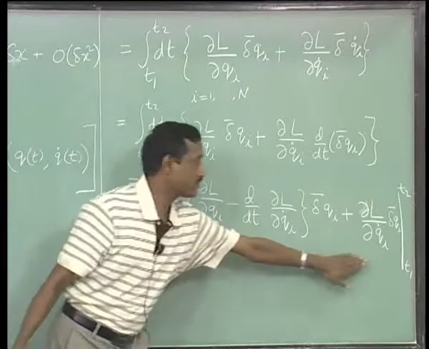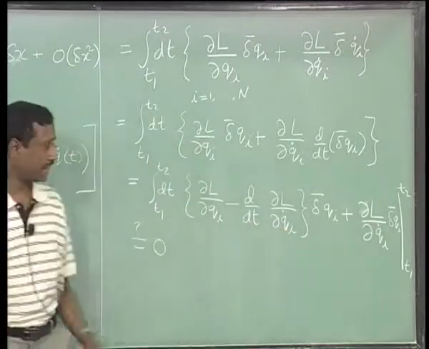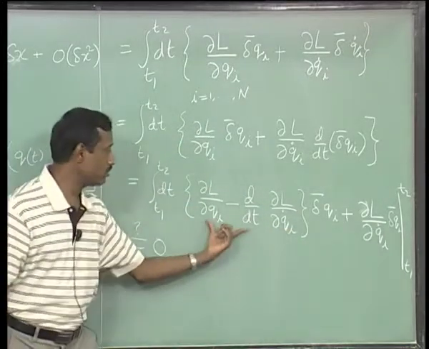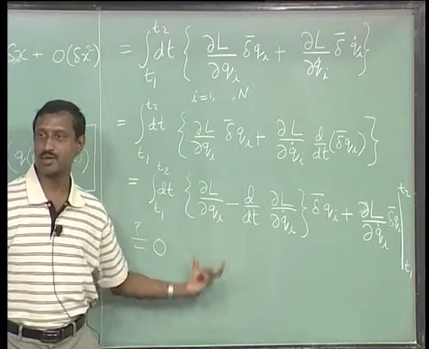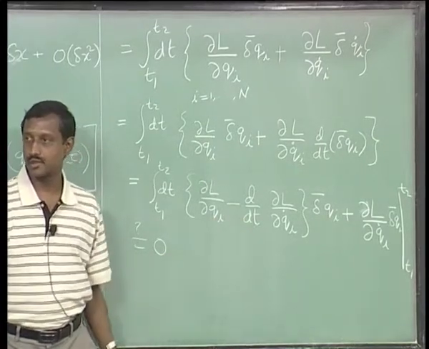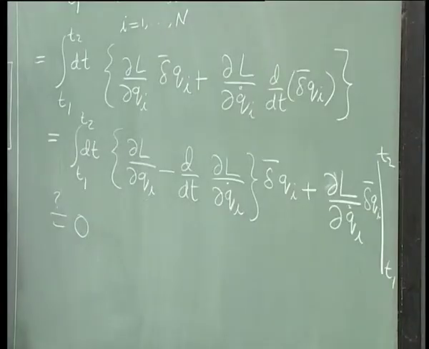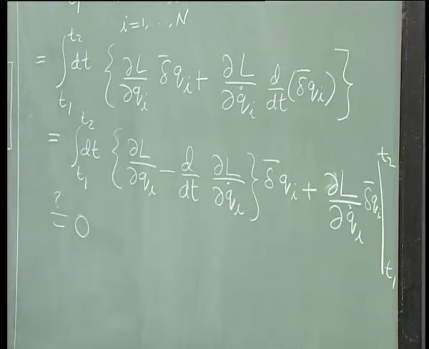We already said that we will choose boundary conditions such that the surface term vanishes. So it will only follow if these terms are 0 separately, term by term. So this whole thing can be rewritten to look like this as follows.